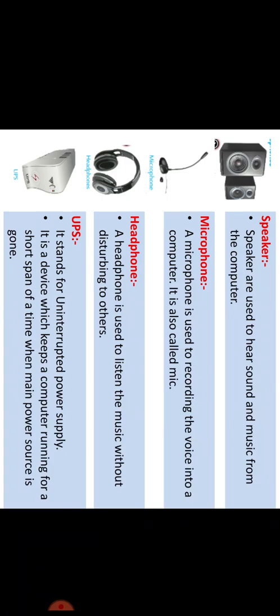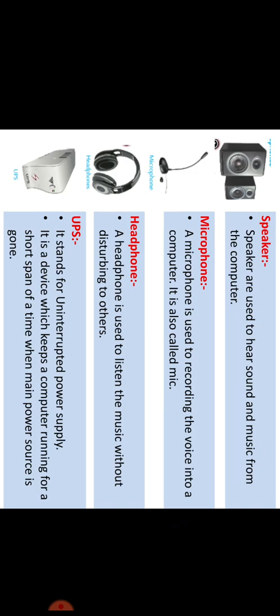What does it mean? Sometimes we start the computer, correct? You start the computer and suddenly the power is off. What happens? Your computer is off. So to avoid this, to protect our computer, we have to use the UPS.